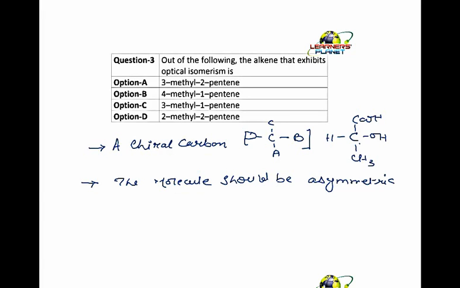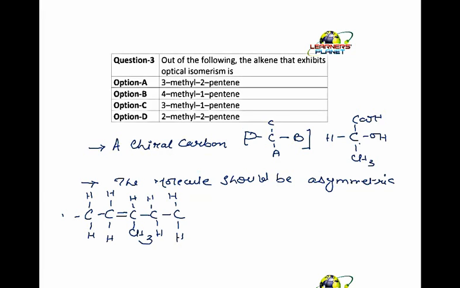Now let's analyze all these structures. See, it's 3-methyl-2-pentene, so it should be 1, 2, 3, 4, 5. So there should be 3-methyl. There is a methyl group over here. Now, is this molecule asymmetric? Is this molecule having a carbon atom which is bonded to two different groups?